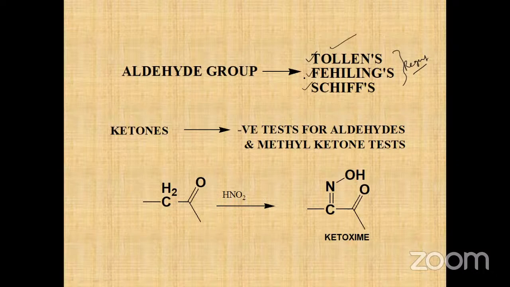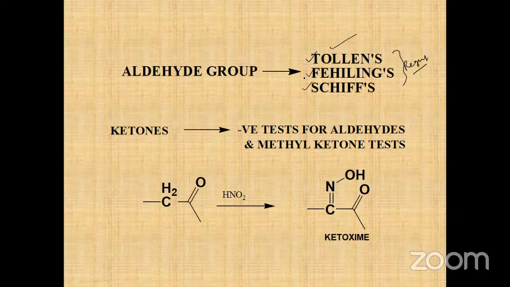When you come to Fehling's solution, it is a mixture of two reagents, Fehling A and Fehling B. That is copper sulfate and tartaric acid solution, sodium salt of tartaric acid solution. Whenever we mix them together with the aldehyde, it leads to the formation of a red precipitate.